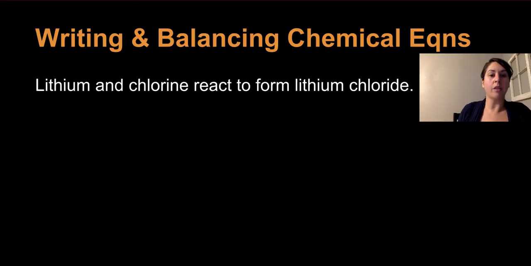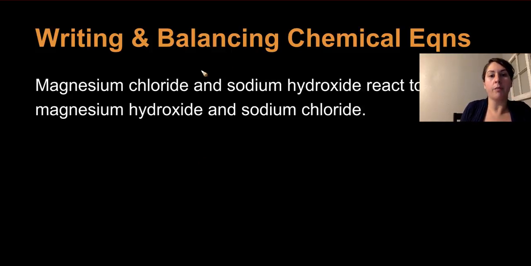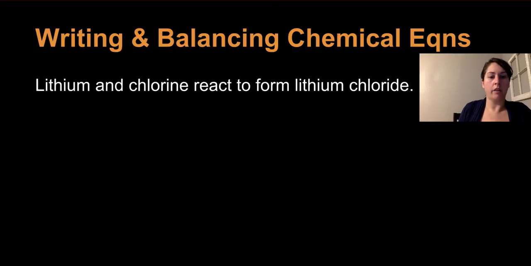Okay, so this is going to be lithium and chlorine react to form lithium chloride. So I see the reactive form means that that's going to be my arrow. Let me go back one. There we go. So the reacts to form is going to be my arrow.